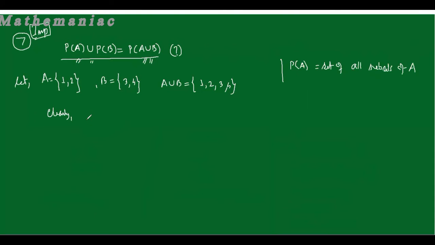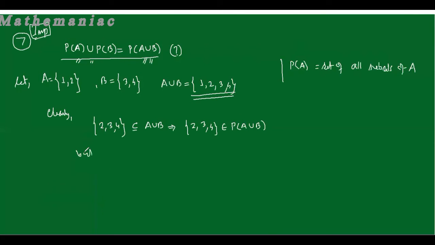If I talk about the power set of this, then I can get a subset containing 2, 3, and 4, 3 elements. This is obviously a subset of A union B, right? Which implies that {2, 3, 4} belongs to power set of A union B.